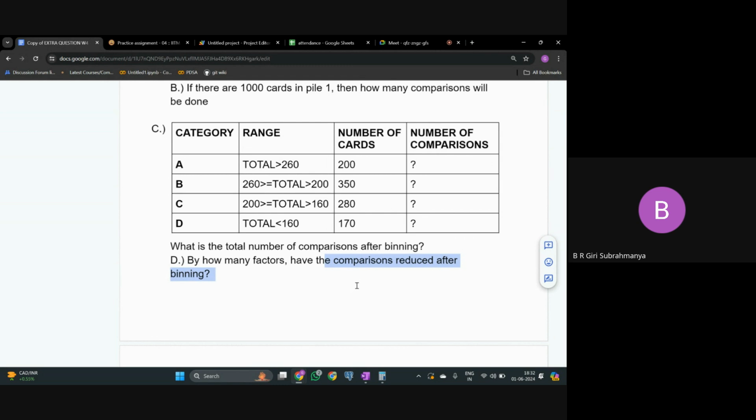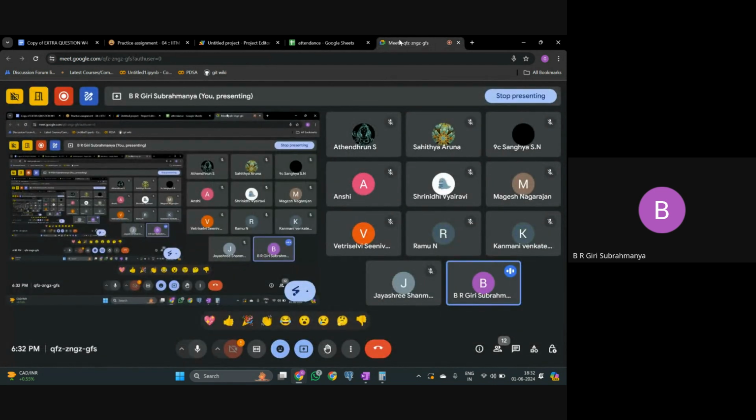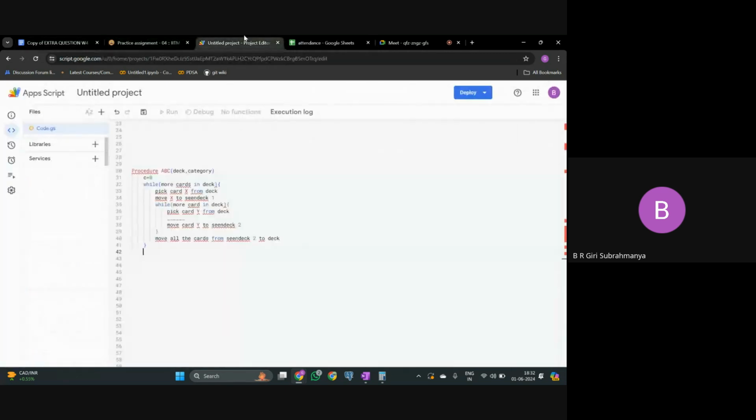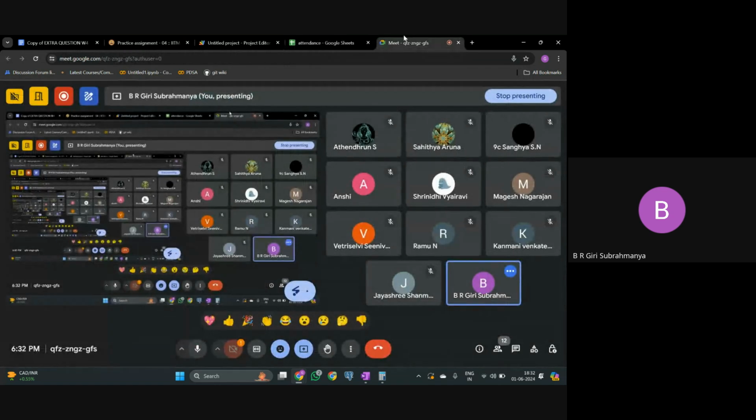Reduction factor, right? So 3.7. Any other answer? One person has said that the reduction factor is 3.7.